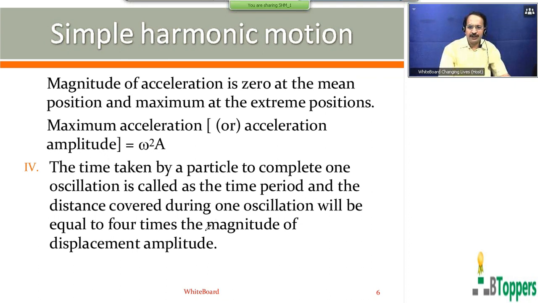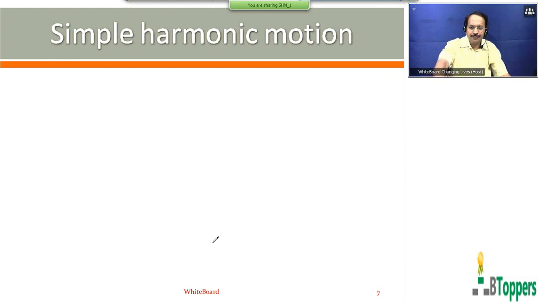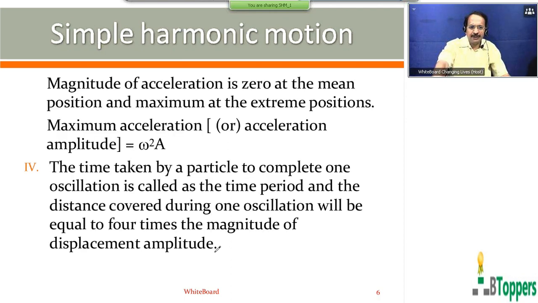And the distance covered during one oscillation will be equal to 4 times the magnitude of the displacement amplitude. First, take a pause and finish writing the notes up to here. Next, I would like to show the continuation.